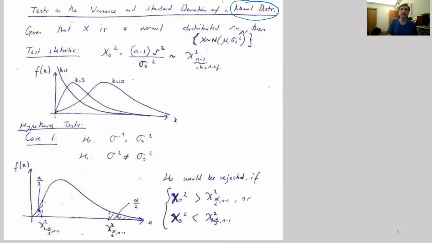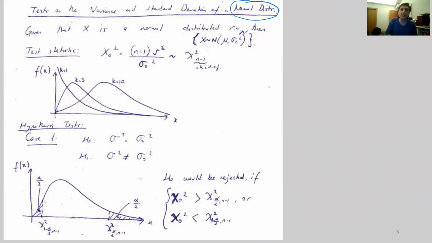In this case, we would like to conduct a hypothesis test on variance or standard deviation. This is the same order that we followed when we talked about confidence intervals, and we are going to follow the very same strategy.